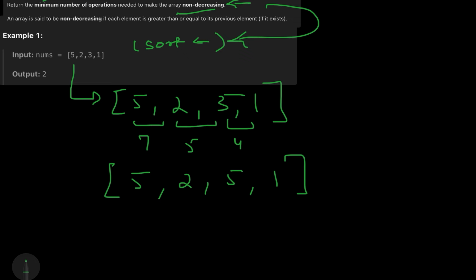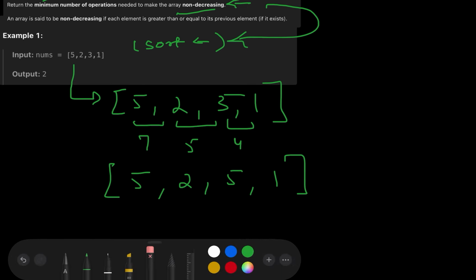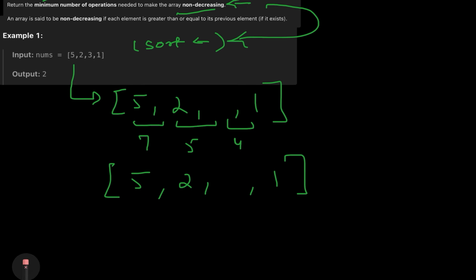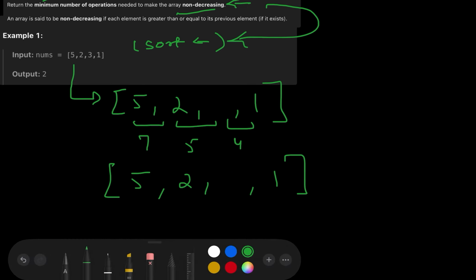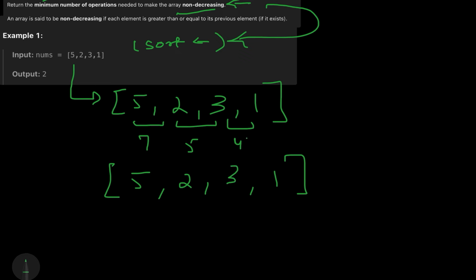But we have to first find the pair which is having the minimum sum, this is 3. One second. Yeah, 3. Okay, so here the sum is less, so what we'll do, we'll replace it with the sum.